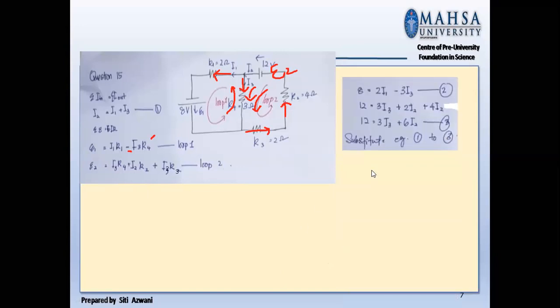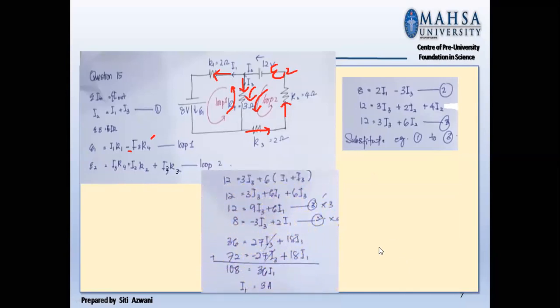Next, substitute the values into your equation and repeat the same method. You need to solve for I1, I2, and I3 again. So I have I2 equal to I1 plus I3.